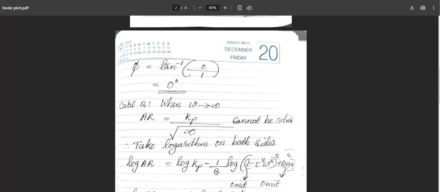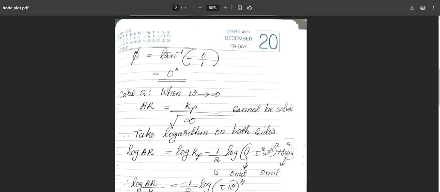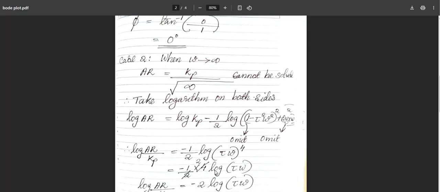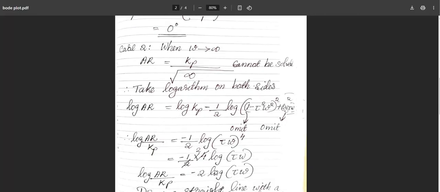When you substitute omega tending to infinity, the amplitude ratio AR is equal to Kp divided by a denominator that becomes infinity. That cannot be solved directly, so you have to take logarithm on both sides. We can then apply the logarithmic rules.